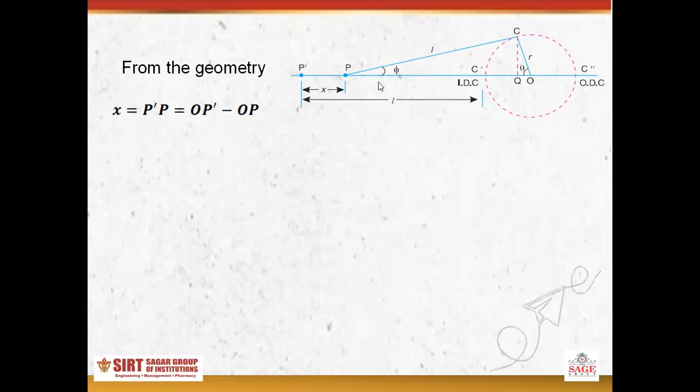From the geometry, the displacement of the piston x is equal to P dash P, and the value of P dash P is calculated from the diagram as OP dash minus OP.